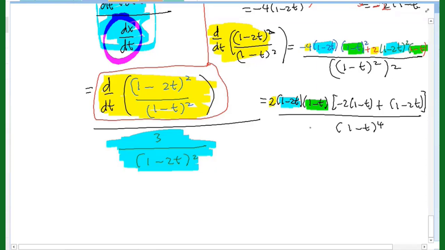And then we simplify. Okay, this one cancels, this cancels, this cancels.